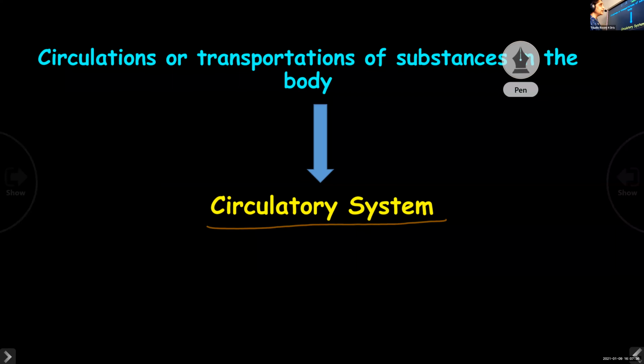I hope you can see the board now. The system called circulatory system helps in the circulation or transportation of substances in our body. Should I explain once again? Is it clear? Okay, let me ask you some questions. Dion, what is the name of the system that helps in the circulation or transportation of substances in our body?